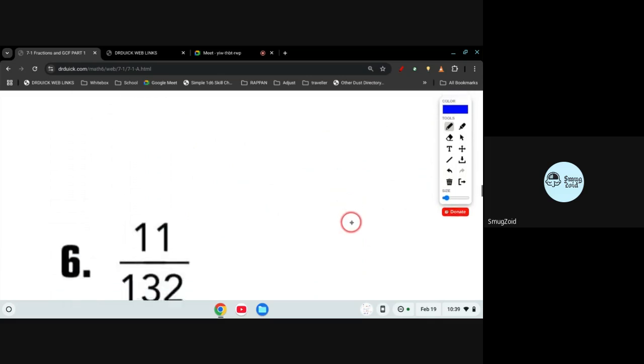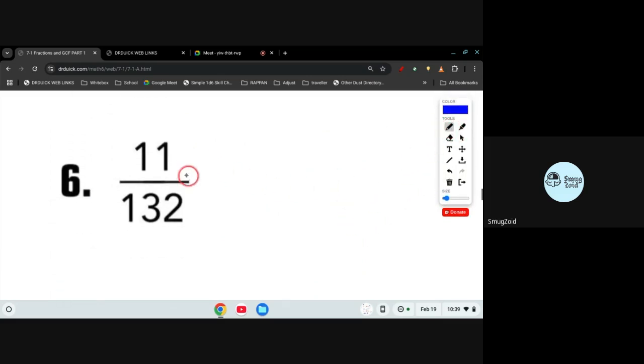Let's try number 6, 11 and 132. All right. This may be interesting. If you get stuck, like 132 is confusing, I take out the 2. 2 goes into 13 how many times? 6. And then 12, 66, right? Next one would be what? 2 times 33, 3 times 11.